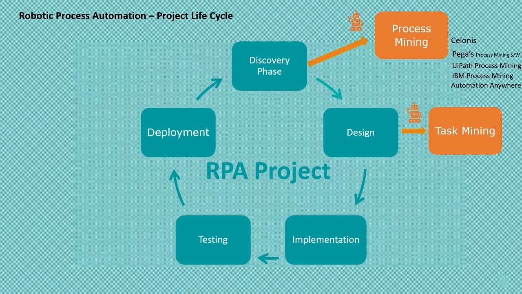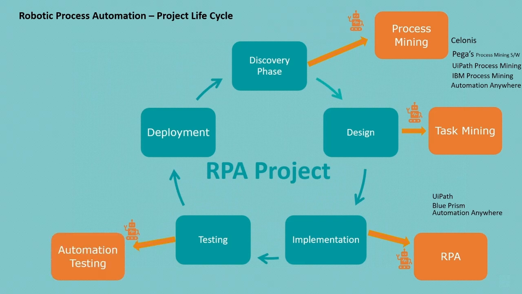Then the implementation of the bot is done using the RPA tools like UiPath, Blue Prism, Automation Anywhere, and many others. The testing phase can also be automated using automation testing.